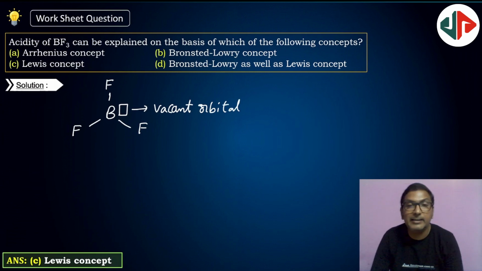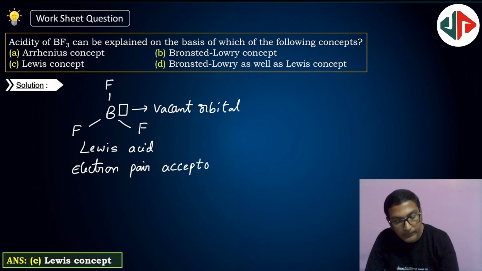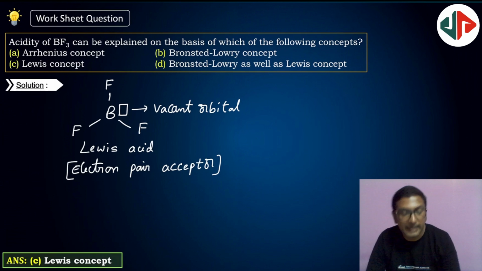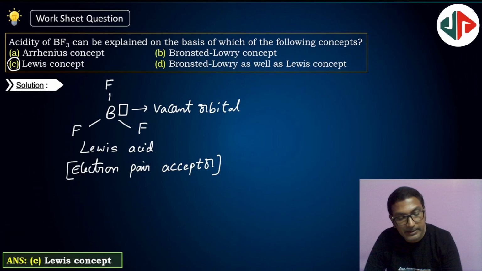Therefore, it can accept a pair of electrons from a Lewis base, so it acts as a Lewis acid. That means it is an electron pair acceptor. An electron pair acceptor is a Lewis acid. Due to the presence of the vacant orbital, it acts as a Lewis acid. Therefore, based on the Lewis concept, you can explain the acidic nature of BF3.